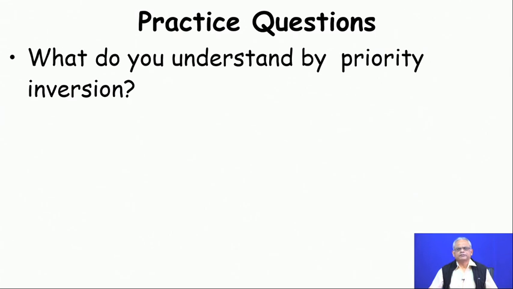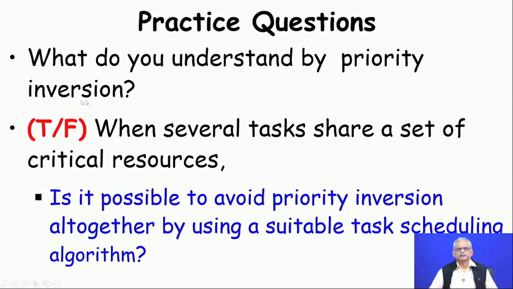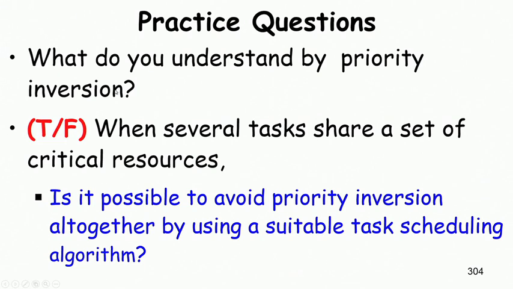What do you understand by the priority inversion problem? How does it arise, and what are the solutions of this problem? Please go through the lecture material and try to answer this question: what is priority inversion, unbounded priority inversion, and the solution to this problem.